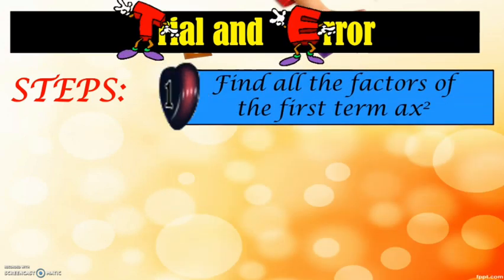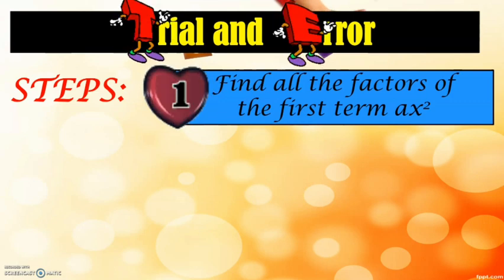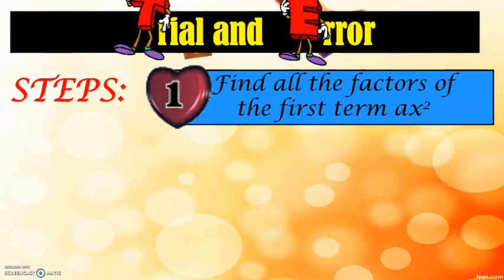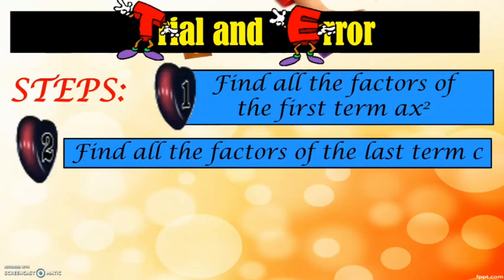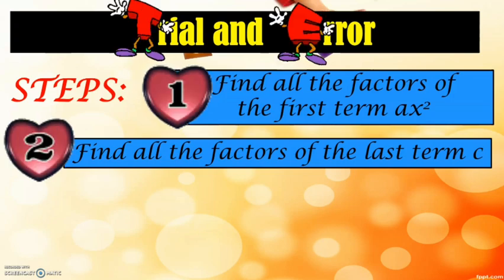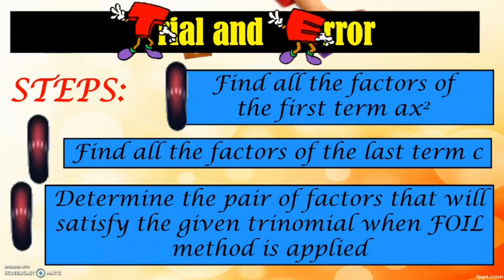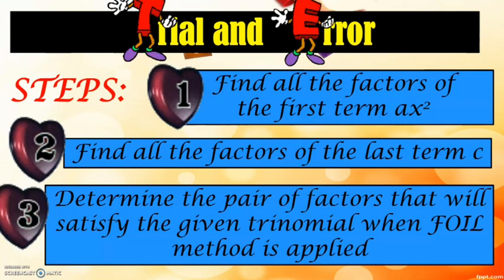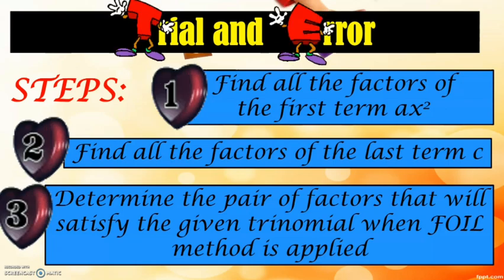Number 1, find all the factors of the first term ax squared. Number 2, find all the factors of the last term c. And lastly, number 3, determine the pair of factors that will satisfy the given trinomial when the FOIL method is applied.